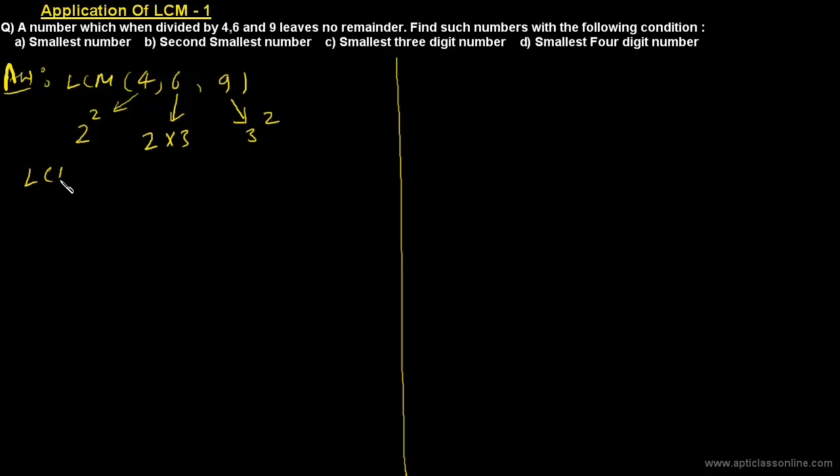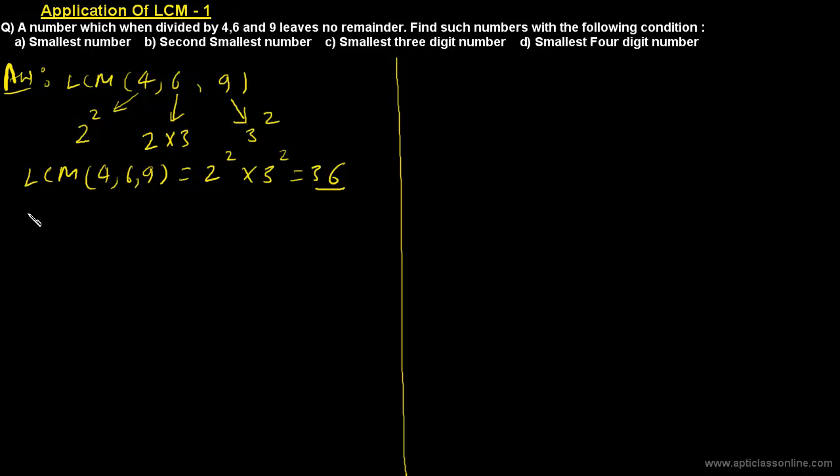So the LCM of 4, 6 and 9 will be 2 square into 3 square, that is 36. There can be other methods to find the LCM, but in any of the cases, we'll be getting the LCM as 36.